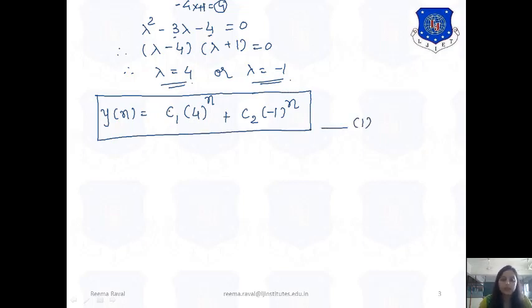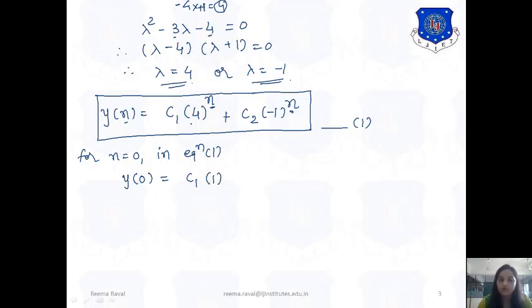Okay, now in this equation first of all we will take n equals 0 and n equals 1. So first, for n equals 0 in equation 1, we will get y of 0, because we have taken n equals 0, which will give C1 into 1, right?